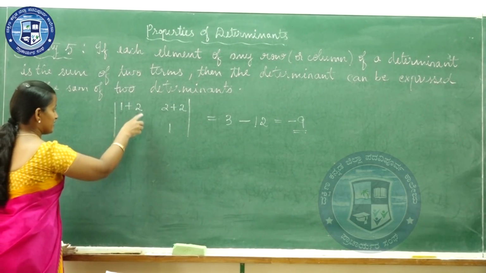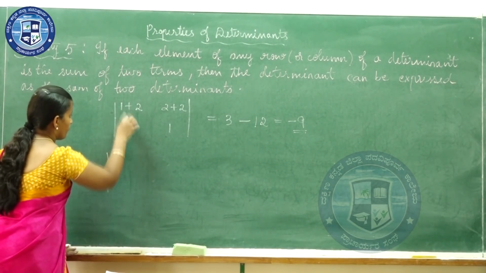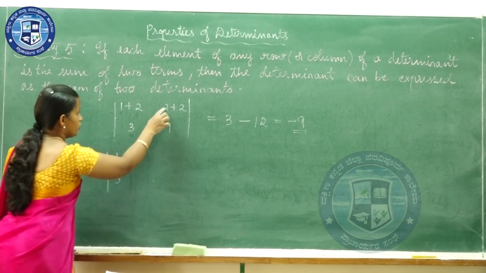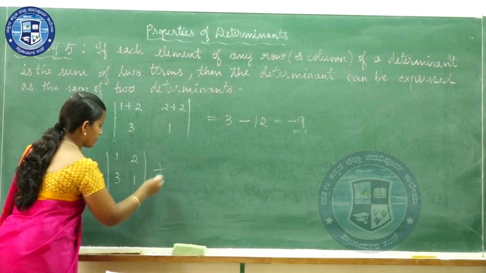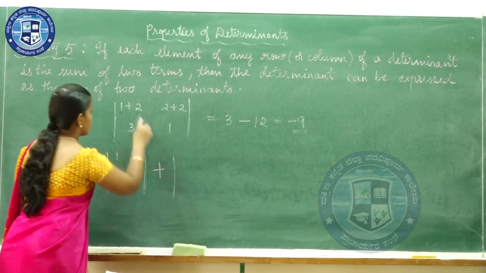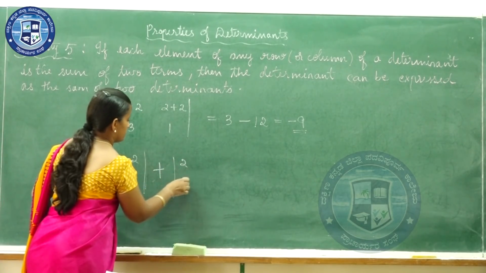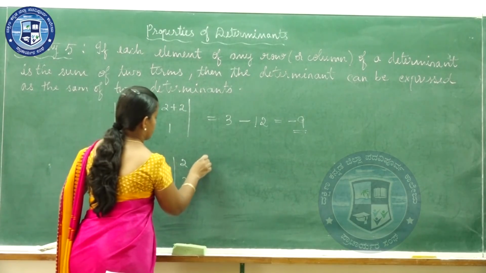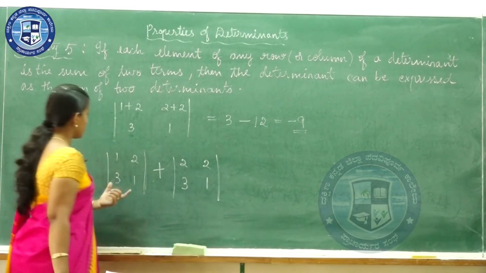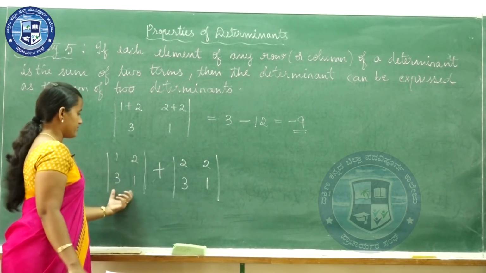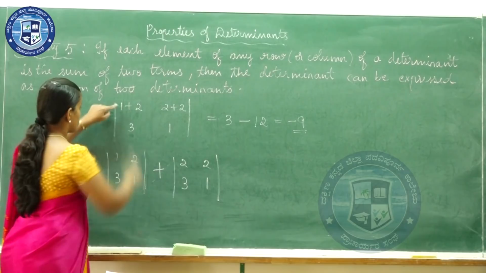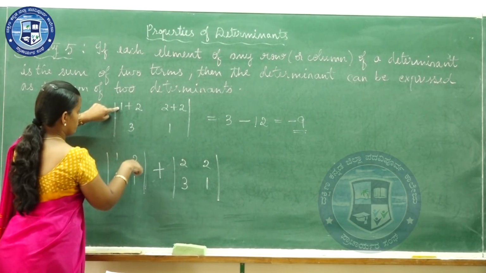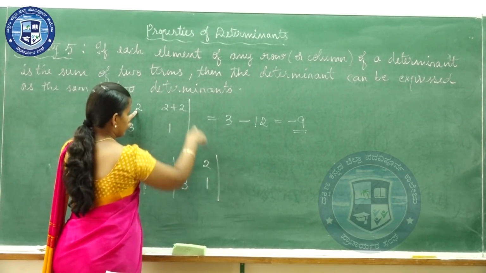Now, I will write the same thing as 1 3 2 1 plus 2 3 2 1. Observe, second row is as it is 3 1 3 1, but what has happened to the first row? I have split it. So, first write 1 2, then this 2 and this 2.